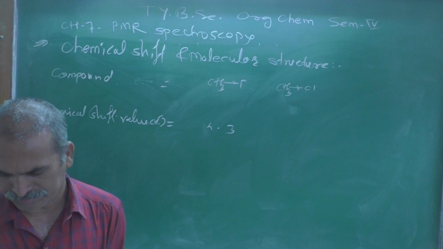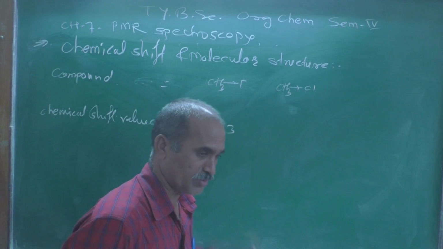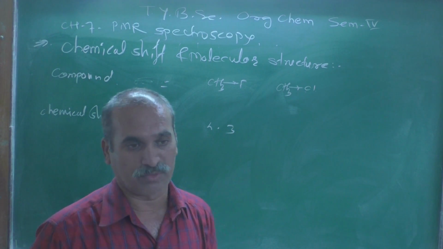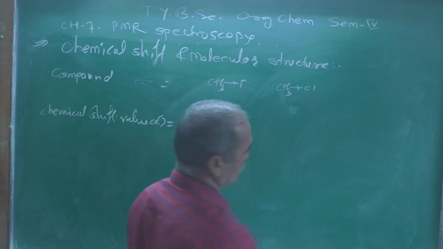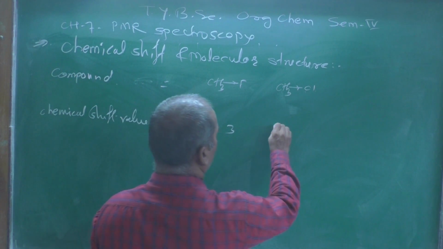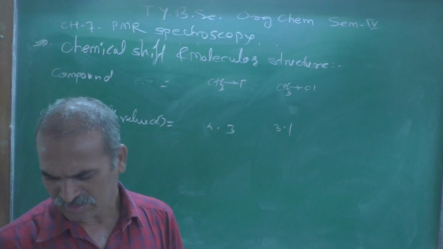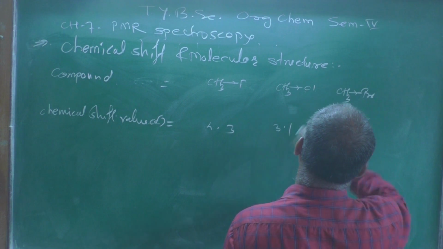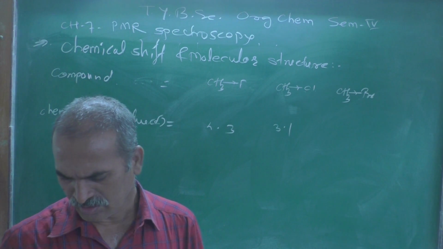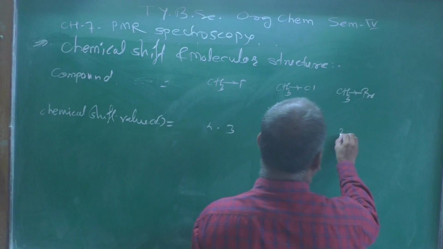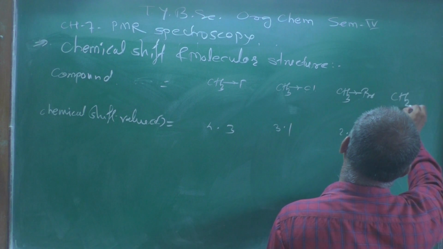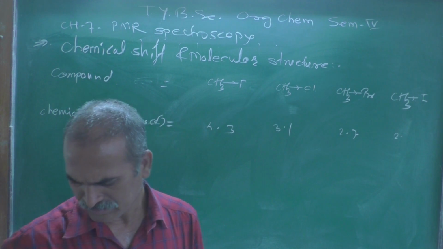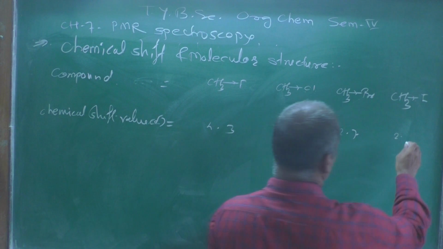Here also, the three protons give a chemical shift value around 3.1 delta. In the same way, the methyl group attached to bromine has a value around 2.7, and the methyl group attached to iodine has a value around 2.2.